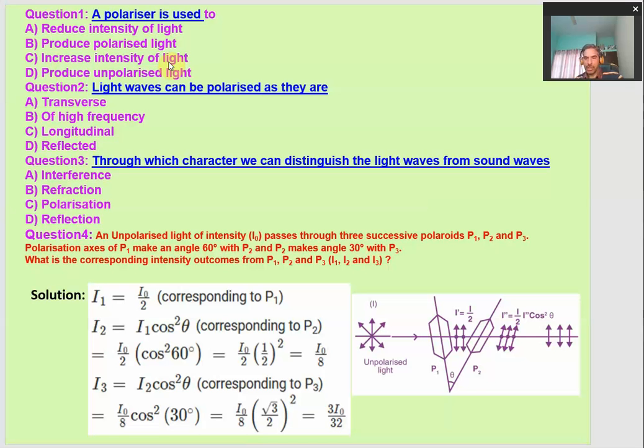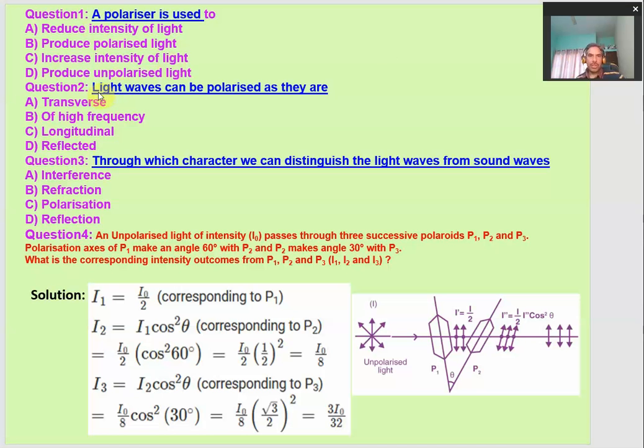So it does not attribute to a change in intensity, but it gives rise to light which can have vibration only in one plane. The polarizer has not done anything adverse to the intensity of the light in the plane in which the light is polarized. So a polarizer just produces the polarized light.